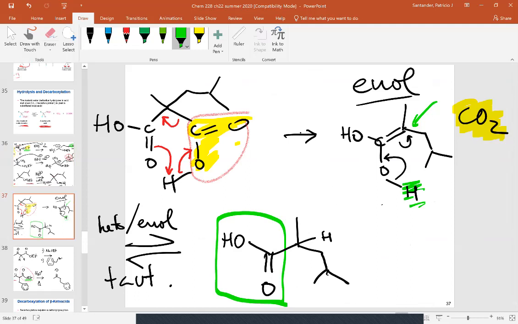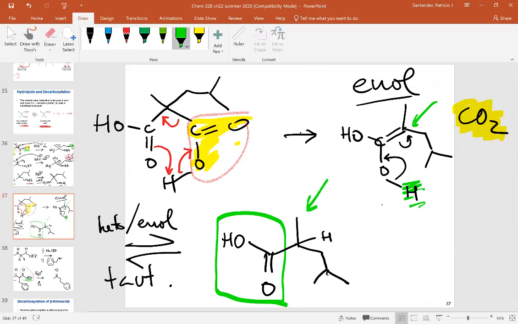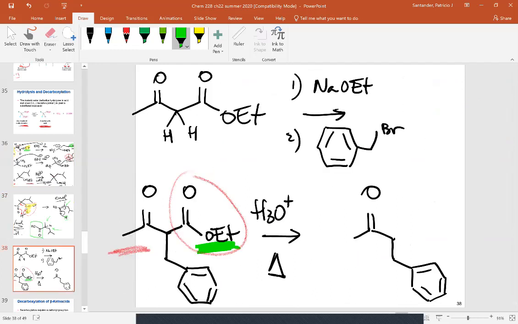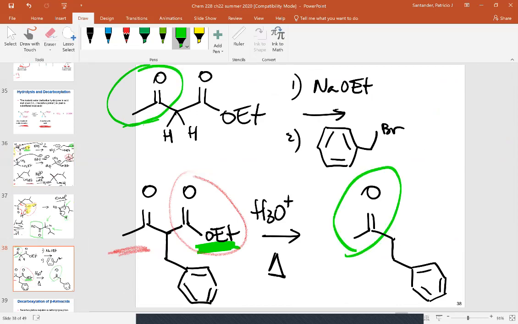So there will still be a carboxylic acid in the final product. And you get, of course, the two alkyl groups that you attach there, right? How about when you use the acetoacetic ester? Acetoacetic, because you have an acetyl group there. There you can see, you start with an acetyl group, and it is still there in the final product, right?